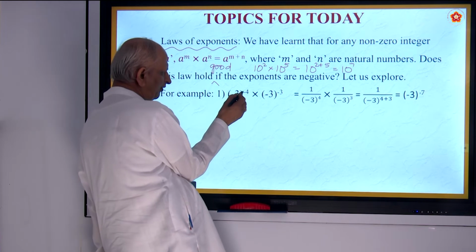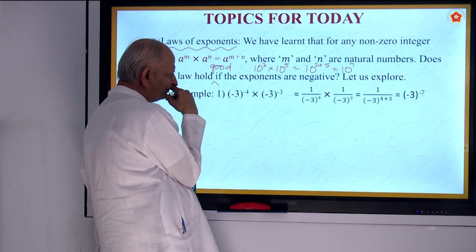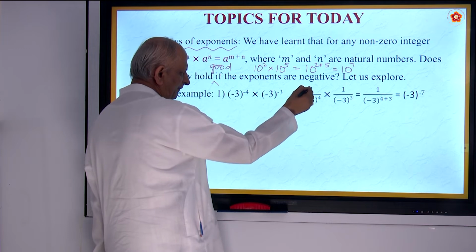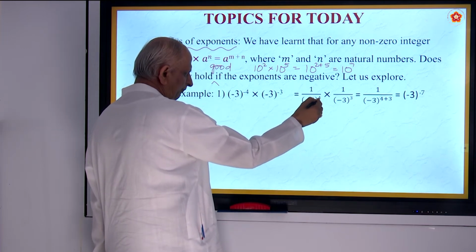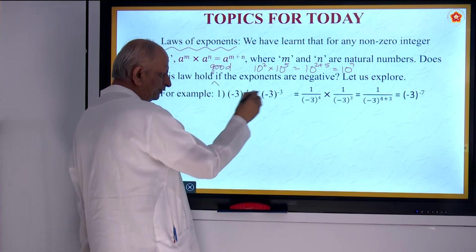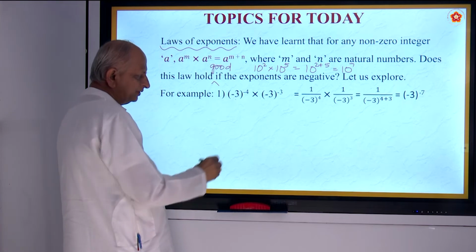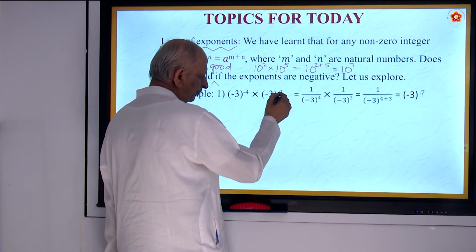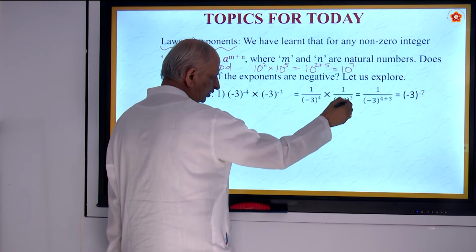So, here what happens? Minus 3 to the power of minus 4 means the multiplicative inverse, minus 3 to the power of plus 4. Minus 4 when it comes to the denominator becomes plus 4. Similarly, here minus 3 to the power of minus 3 means 1 by minus 3 cube.